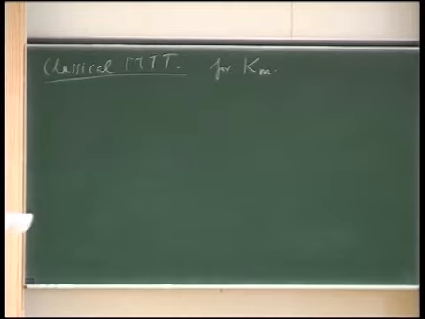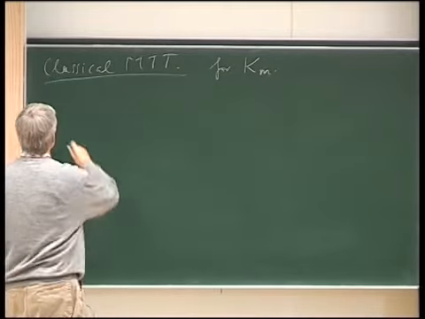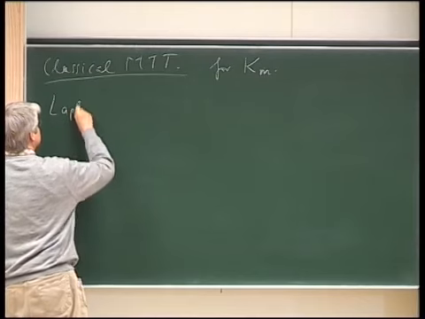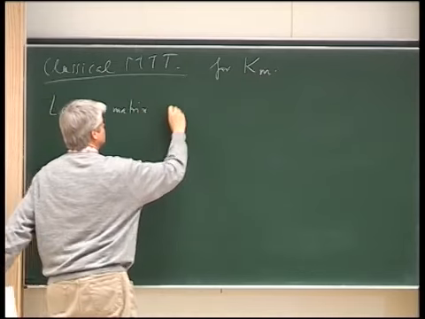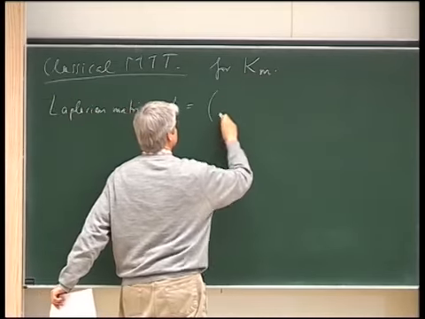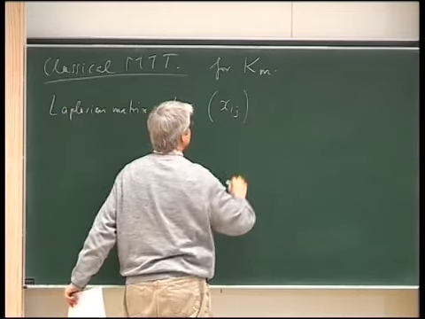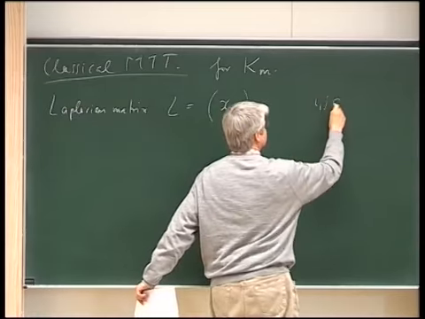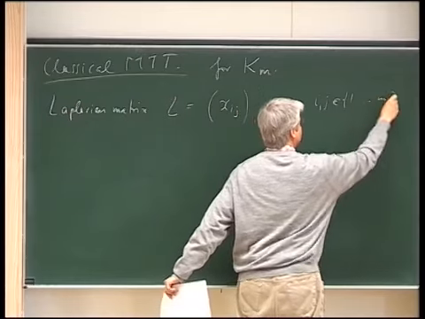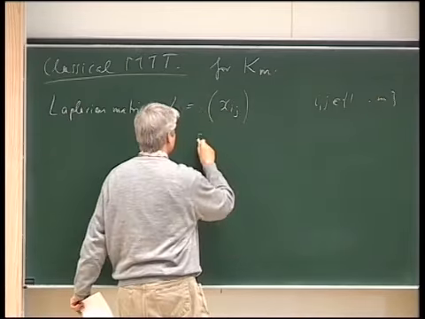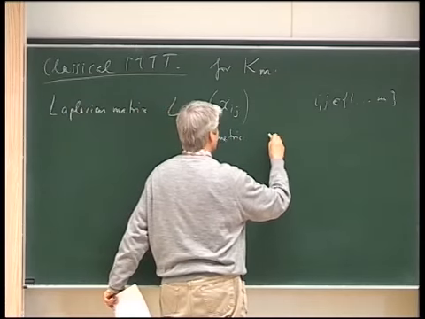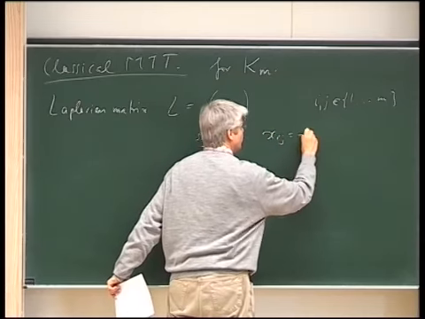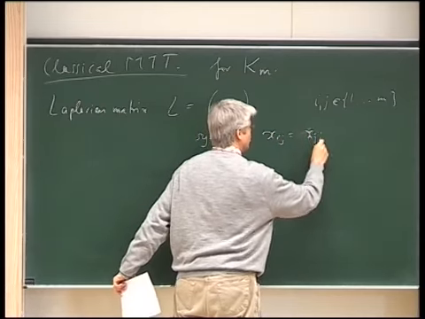Then I look at this Laplacian matrix L, which has entries xij, with i, j from 1 to m, and they are symmetric, so xij is xji.